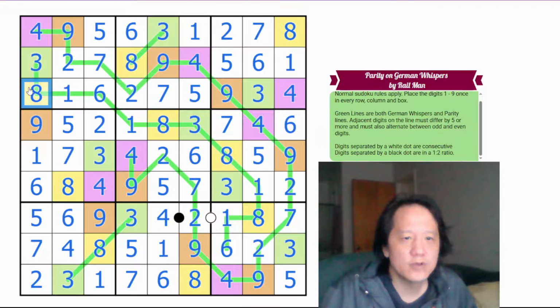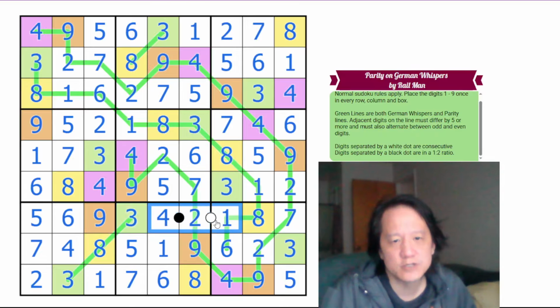We have 3, 8, 1, 6, 1, 8, 3, 8, 1, 8, 1, 6, and 3, 8, 3, 3, 8. This is in a 1 to 2 ratio, or this is consecutive, actually.